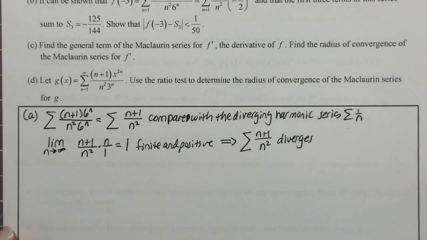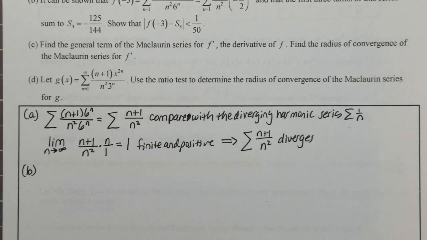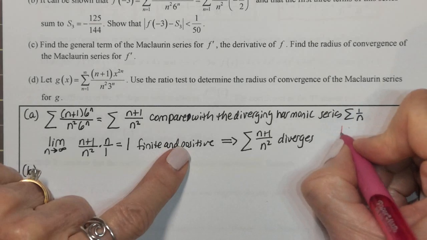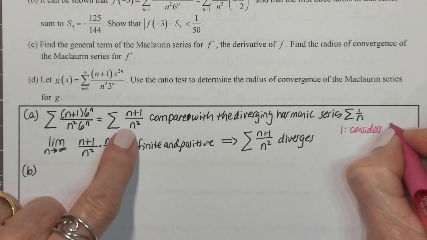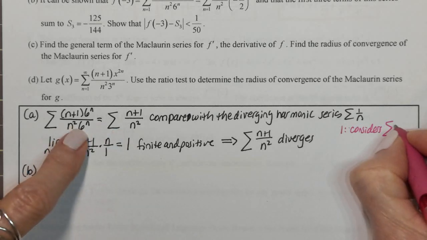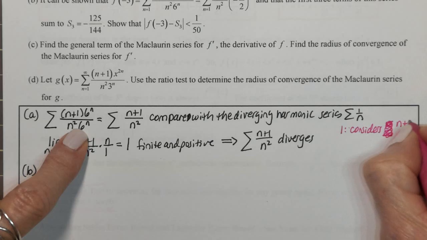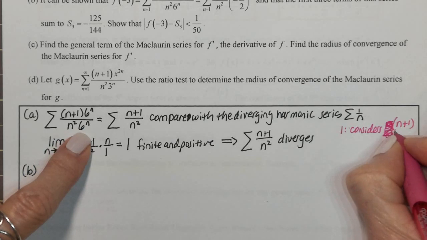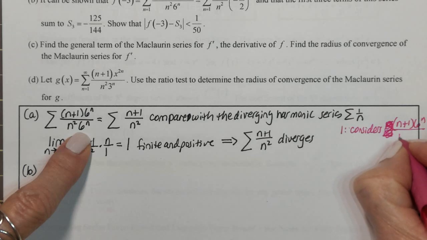Okay? Part B. By the way, I guess I can do the points as we go. 1 point was for considers the series. They wrote it as, actually they didn't even say series, considers n plus 1 over 6 to the n times n squared.